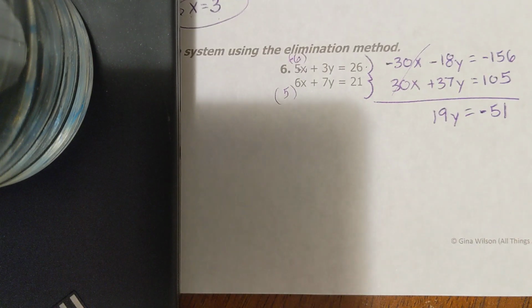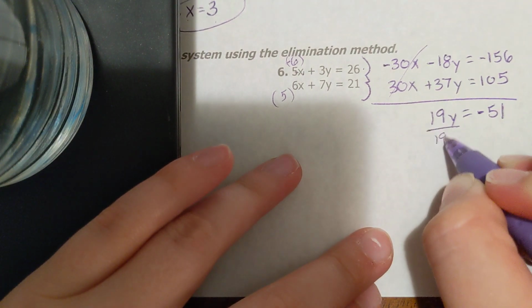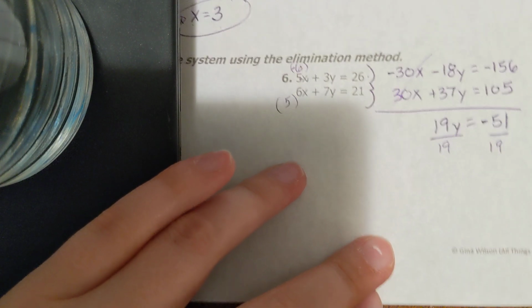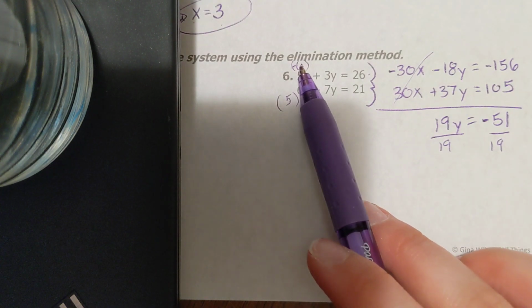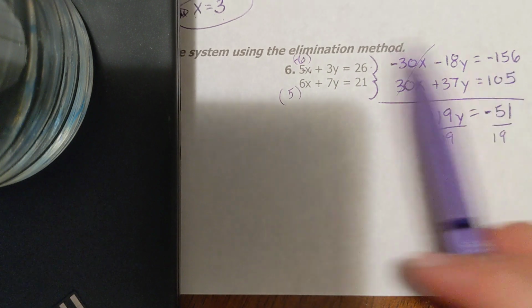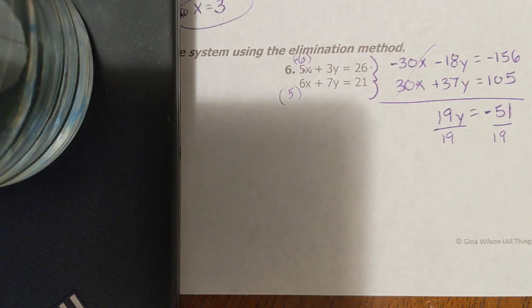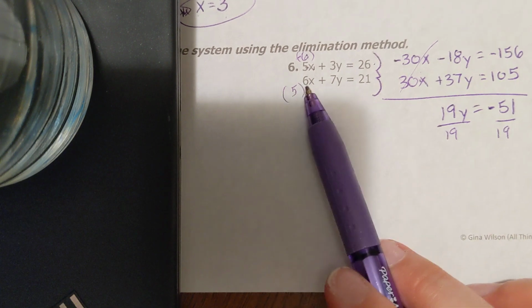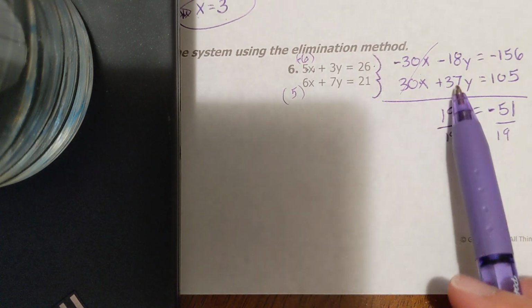So let's see here. When I do that I get a decimal, which makes me wonder if I did something wrong here. So let's look back at this. So that would be 30, and that would be negative. And then I'll do that again, 26 times 6. And then here's 30.